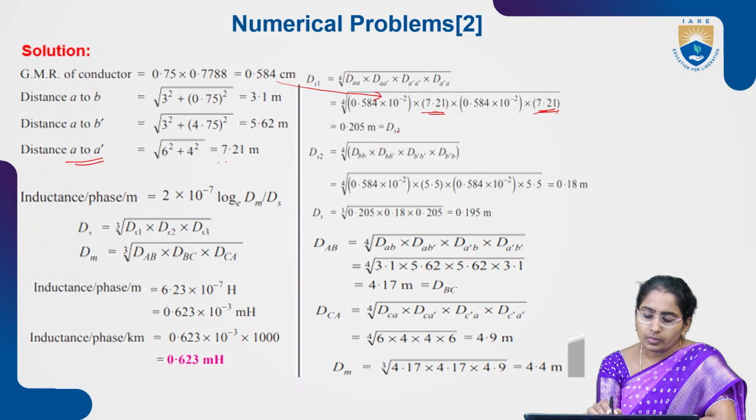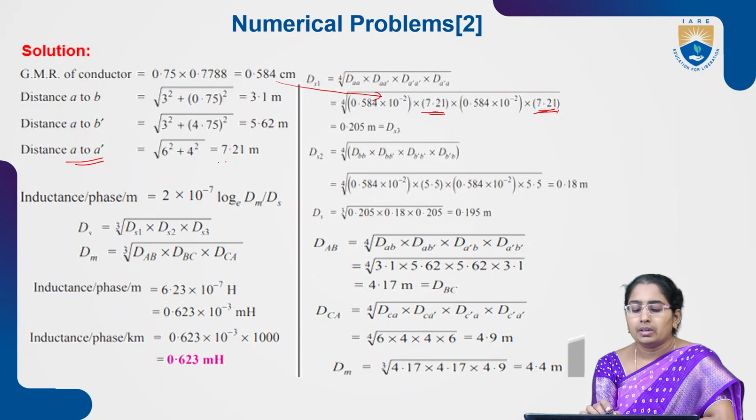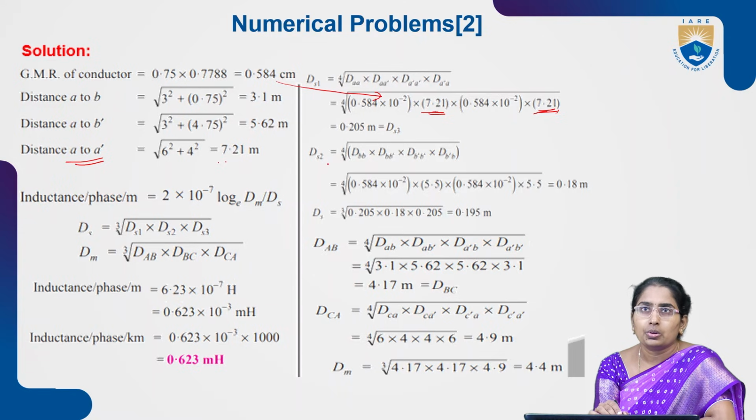Now, from the arrangement, Ds1 is the same as Ds3. From the conductor arrangement, what is Ds3? Fourth root with respect to the C phase. Next, Ds2, fourth root with respect to the B phase, which has the conductors B and B dash.